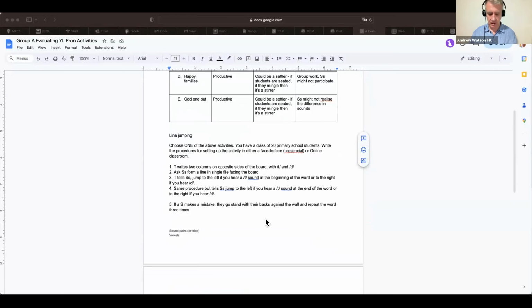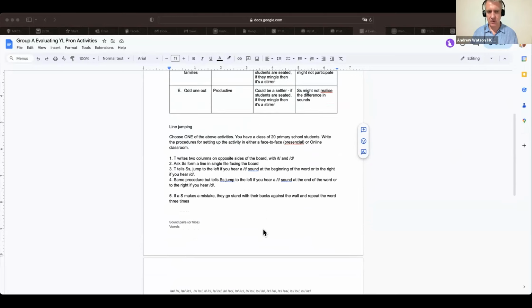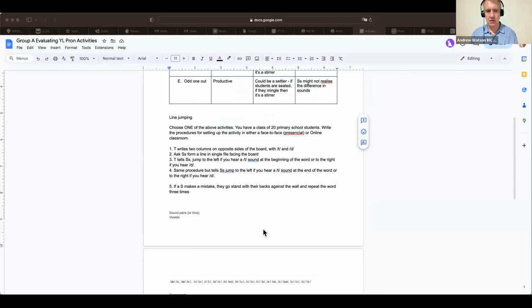This is line jumping, okay? So I'll read the first line. The teacher writes 2 columns on opposite sides of the board with t and d at the top of each column.